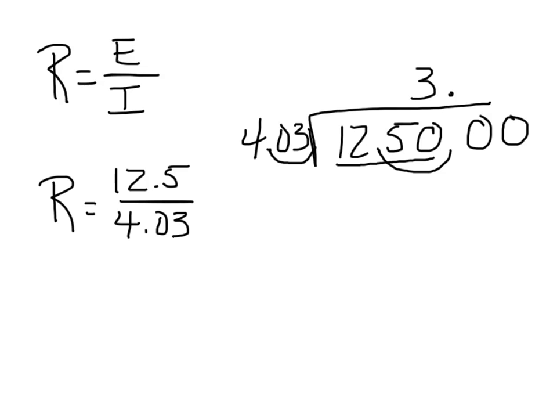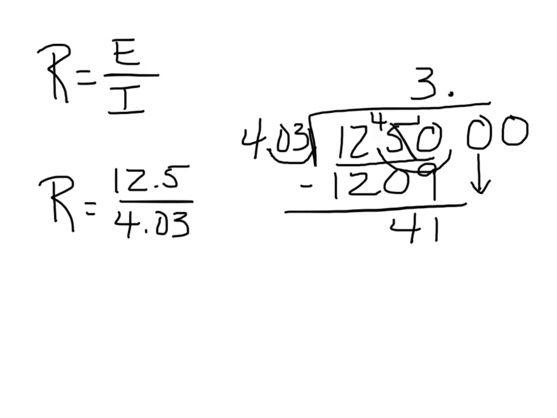3 times 403 is 1209, and I'm going to subtract. And then drop the next digit. I have 410. 403 will fit into 410 once. 403. Subtract.